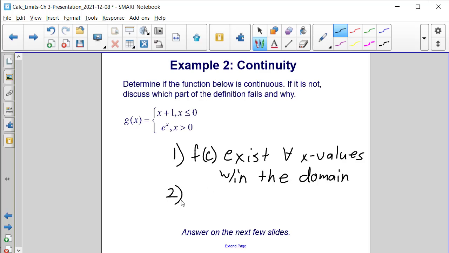Step number 2 is that the limit of f of x as x approaches c would exist, again, for all x values within the domain.